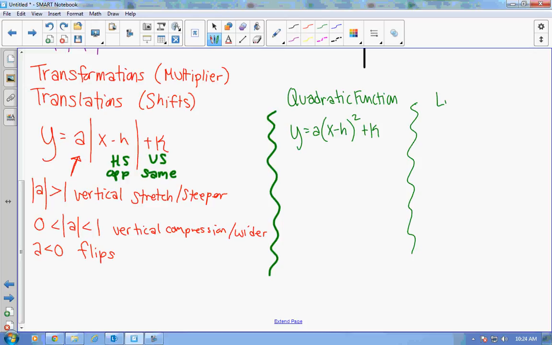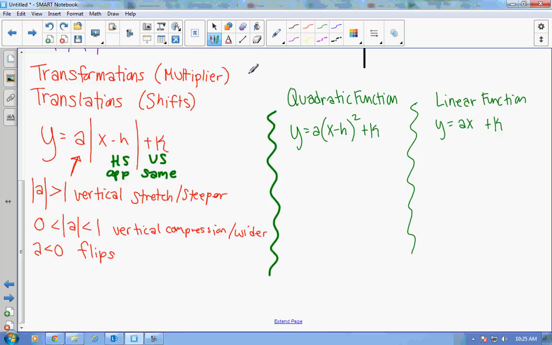And then we also have a linear function. Y equals a times x. I'm going to put a plus k. The reason I'm only doing a plus k is, what happens if I add something to the x and I also have a vertical shift out here?